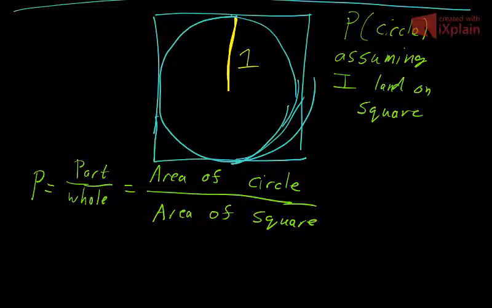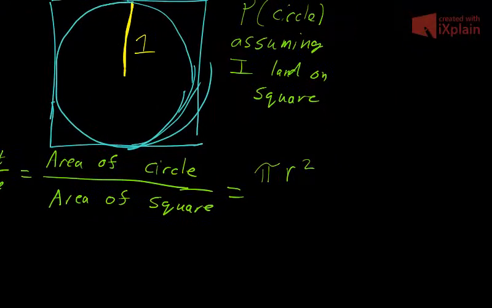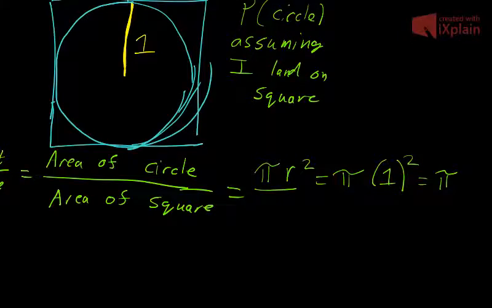It's got a radius of 1. Because I know it has a radius of 1, its area is going to be pi times r squared, which is equal to pi times 1 squared, or just pi. So the area of my circle is pi.